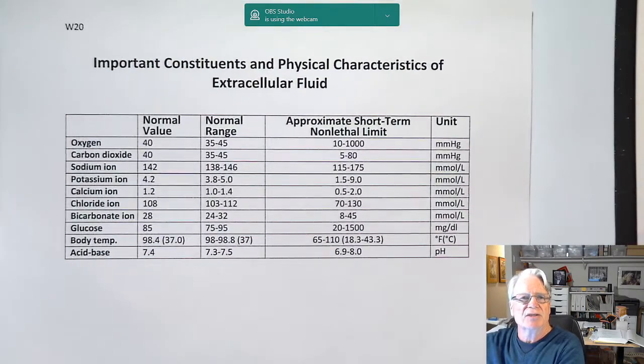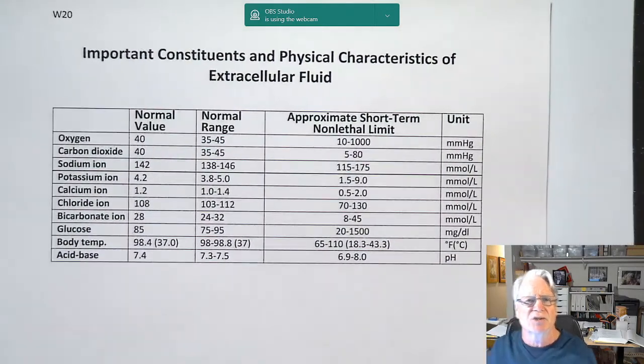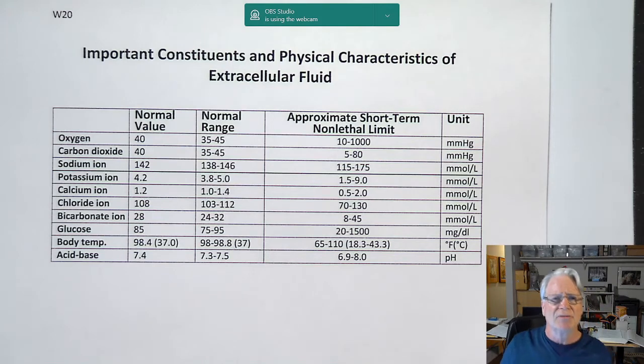So here are important constituents and physical characteristics of extracellular fluid. We'll talk about what extracellular fluid is and how that is different from intracellular fluid, and we'll break those fluid compartments down in just a little while. But let's take a look at some of these characteristics, some of these constituents.